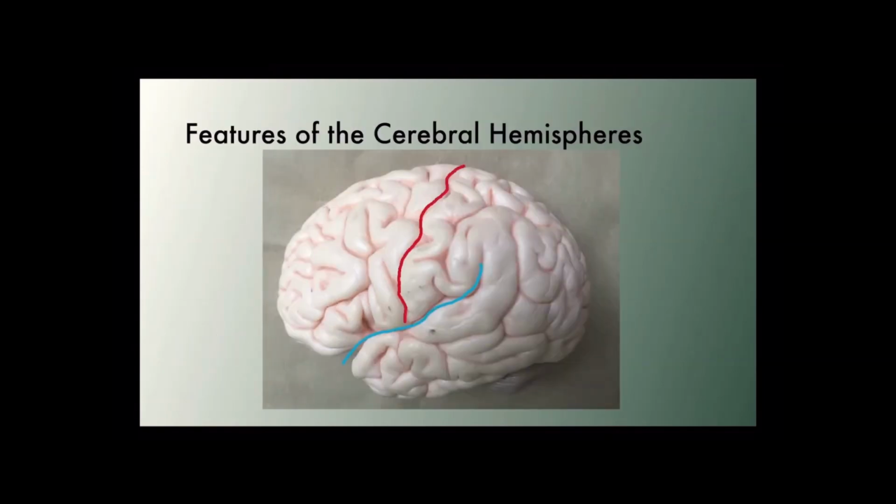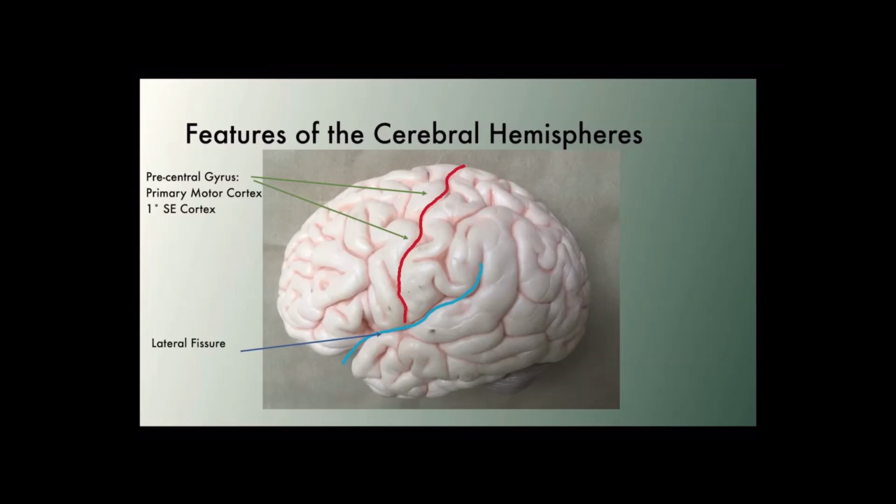Let's review some of the features of the cerebral hemisphere. Here at the green arrow, what is that green arrow pointing to? That's right. That's going to be our precentral gyrus. Precentral gyrus, primary motor cortex. Good. What about here? That's right.